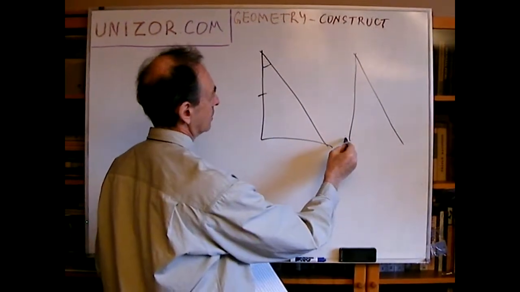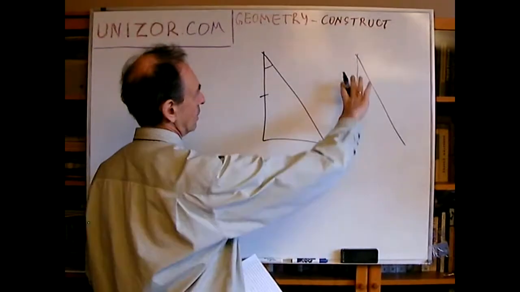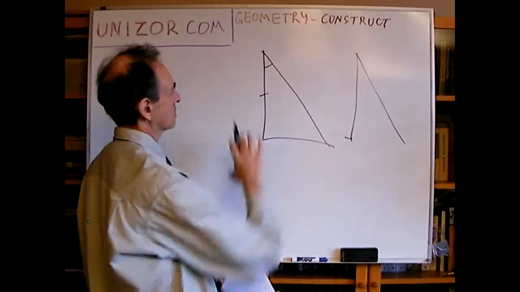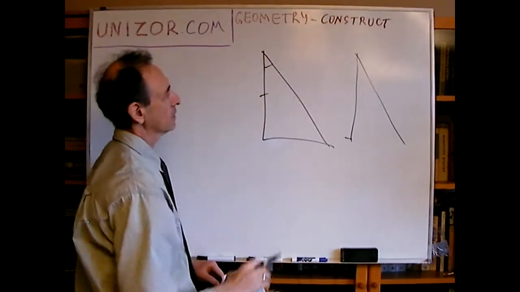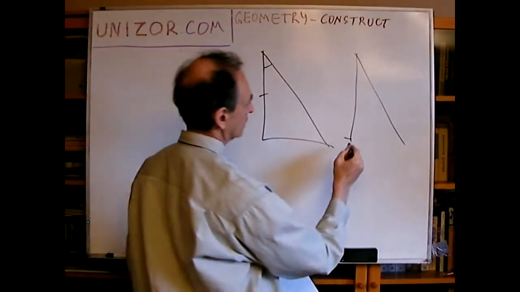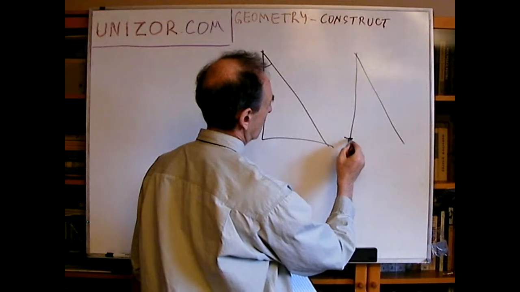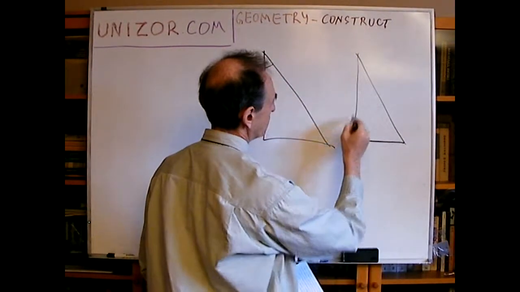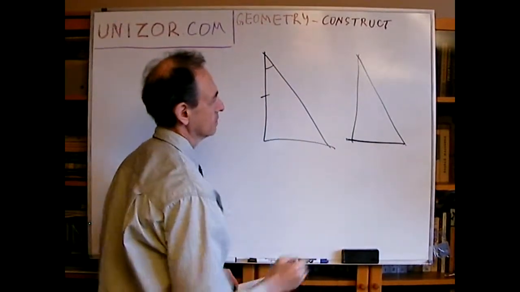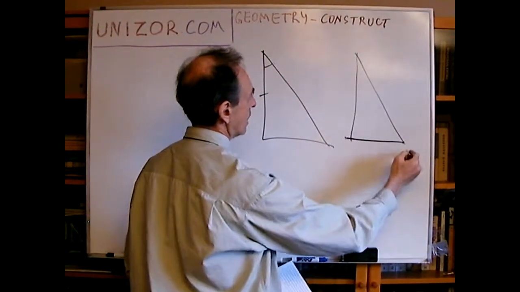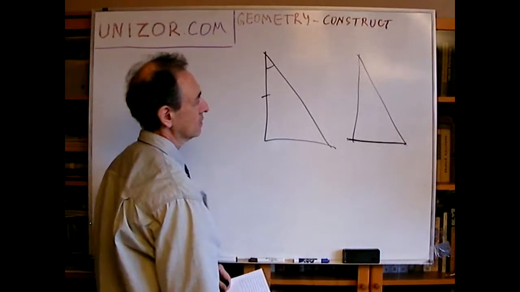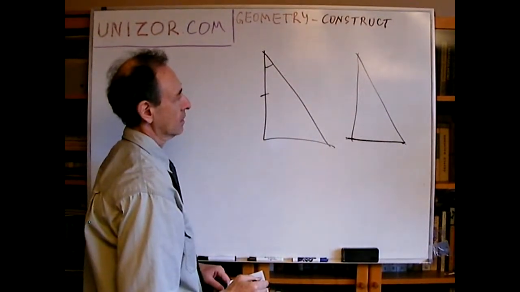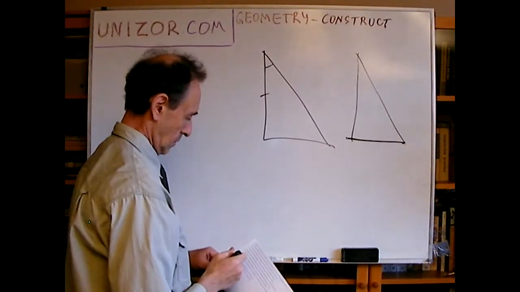On this leg, I will mark a segment which is congruent to a given leg, and from this point I'll just construct a perpendicular from the point to this line, and wherever it crosses the other side of the angle, that's my third point of a triangle. Okay.